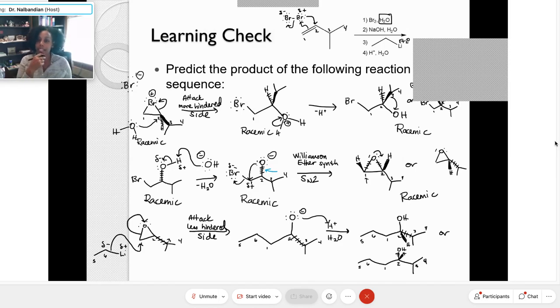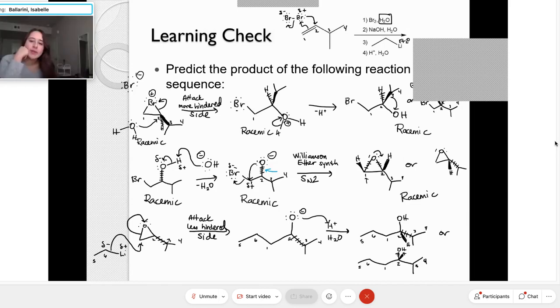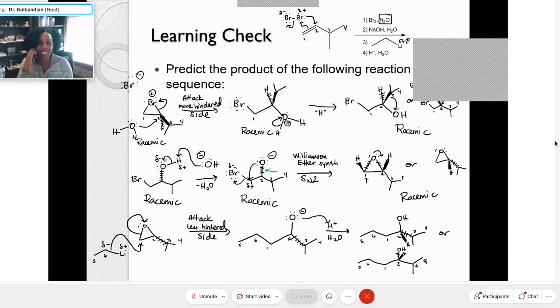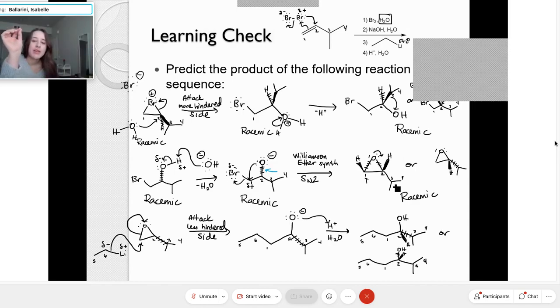Questions on this? I have a question about step 1 with the bromine. Uh-huh. So why do the methyls on the wedge detach? The two coming out on carbon 2?